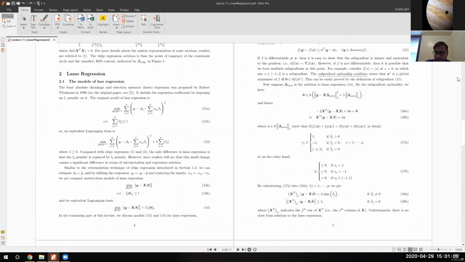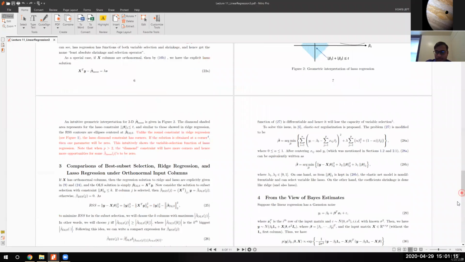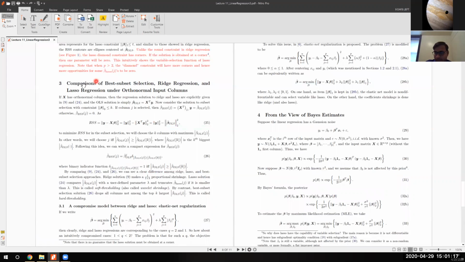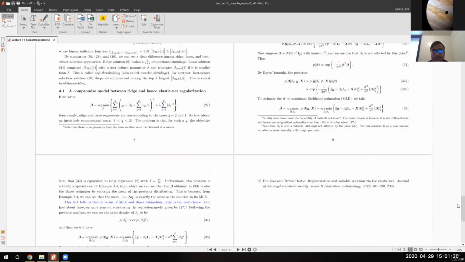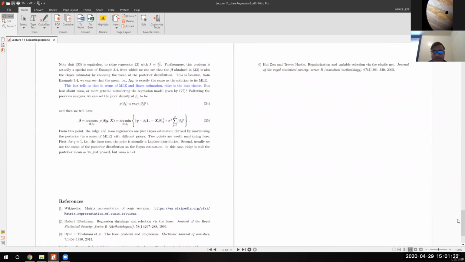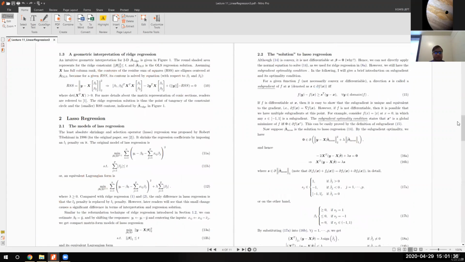I've updated lecture 11 a lot by adding the elastic net regularization to chapter 3, section 3, and also added section 4, which is in terms of the Bayes estimation view. You're going to see actually ridge is the best. But that is Bayes, just different views to see the regressions and the shrinkage method.